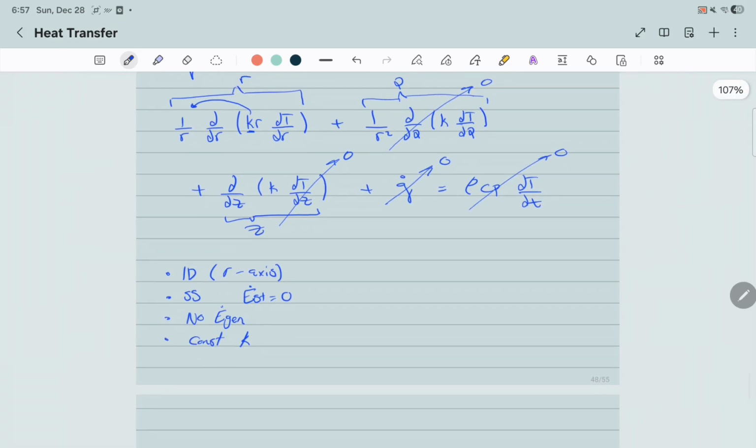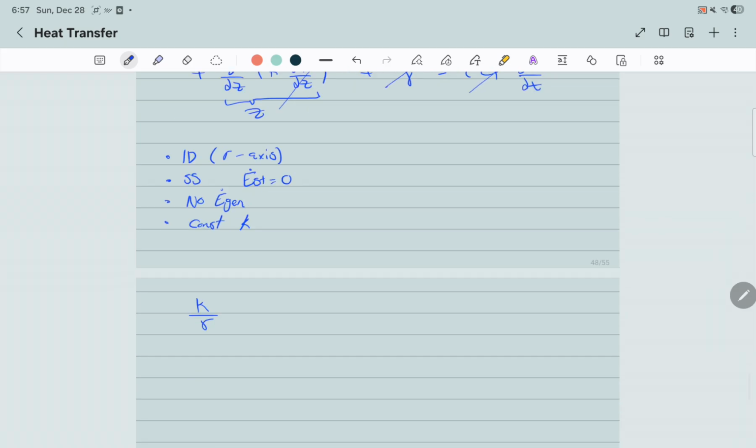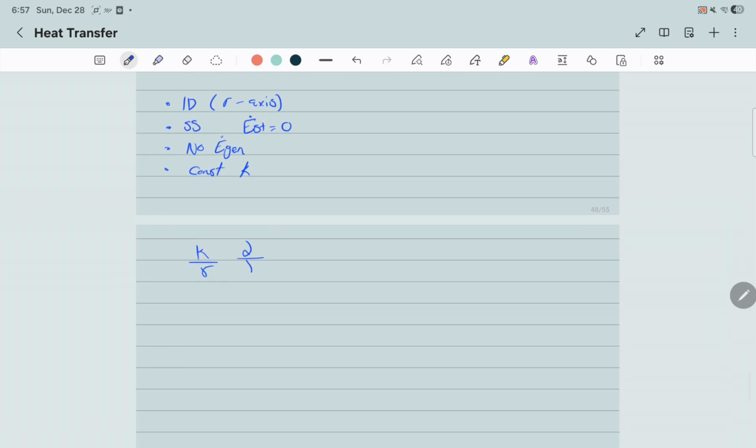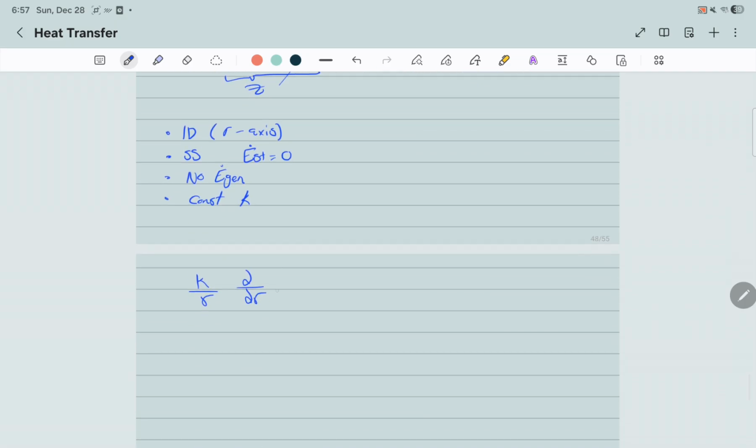Therefore, after canceling all these terms, we'll be left with k over r, d over dr, times r dT/dr equals 0.